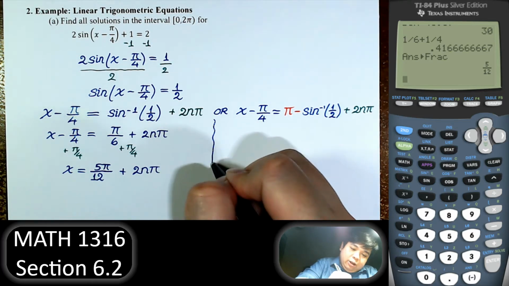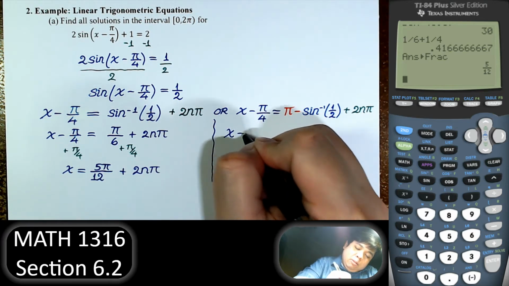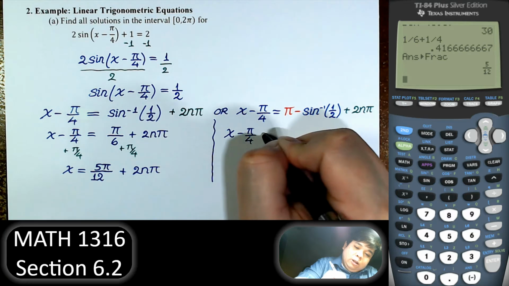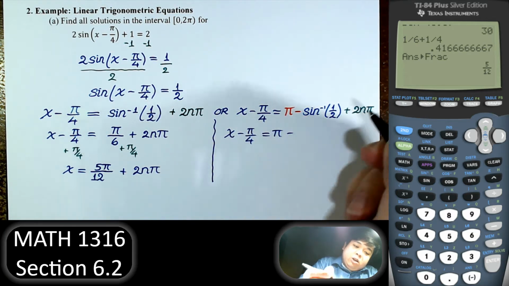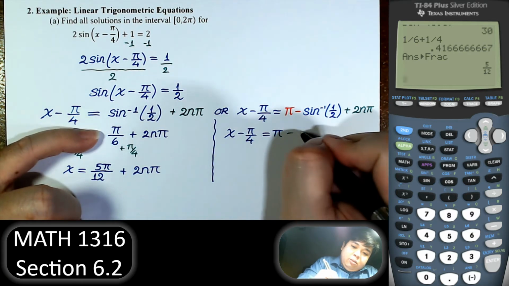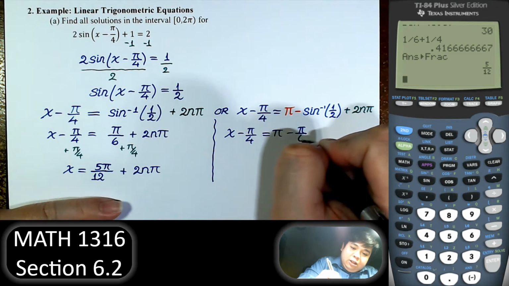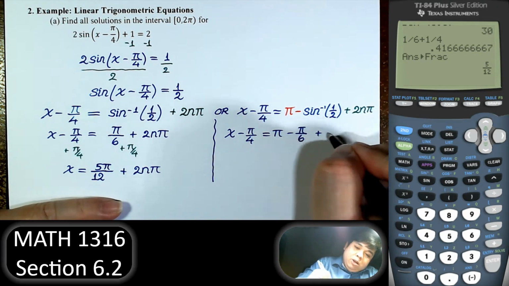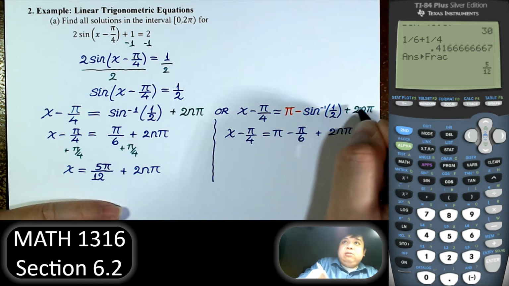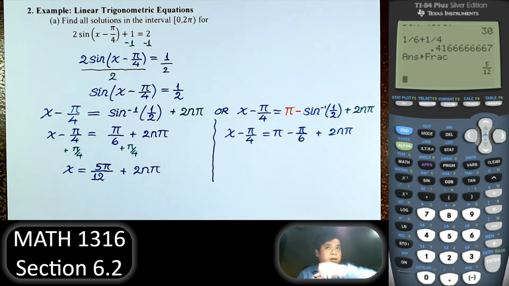Now over here we'll do the same thing. X minus pi over 4, the sine inverse we already did, pi over 6. As always, plus 2n pi here, a period to it. Now we're going to add pi over 4.